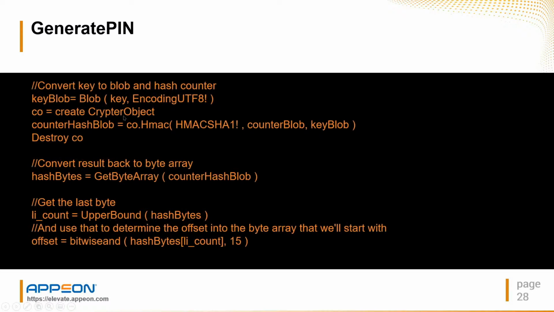Okay. Now I'm going to take the cryptor object. This is what I'm going to do the HMAC SHA with. So I'm doing the HMAC encryption using SHA-1. I'm passing in the blob representing the counter, and the blob representing the user's key value. That gives me a hashed counter value.